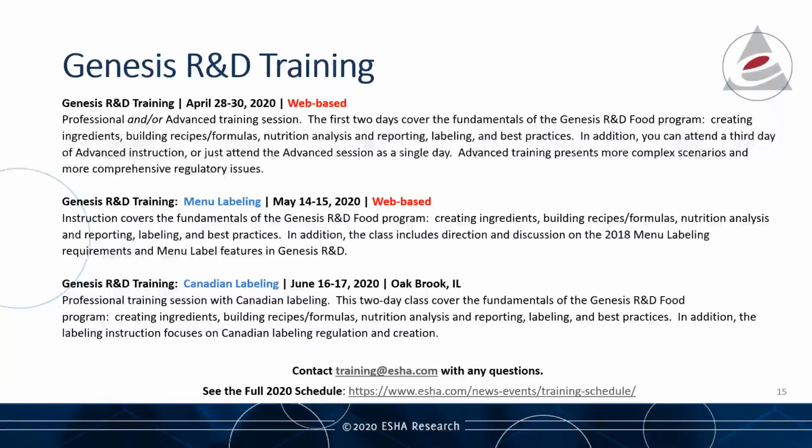Again, that Canadian labeling training will cover Genesis, and then the labeling portion will focus on Canadian labeling regulations and all of the settings that you'll need to know about there. So again, any questions, contact training or check out our training schedule on the ESHA website. With that, I will hand it back to Chris to tell you a little more information, and then we'll get into Q&A.